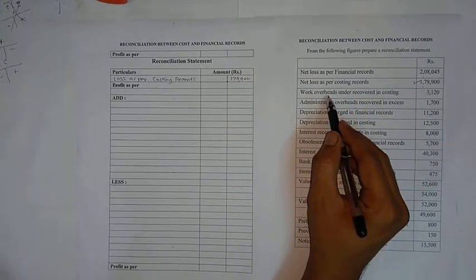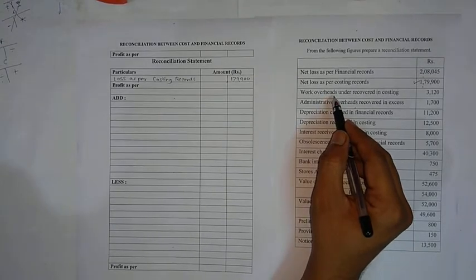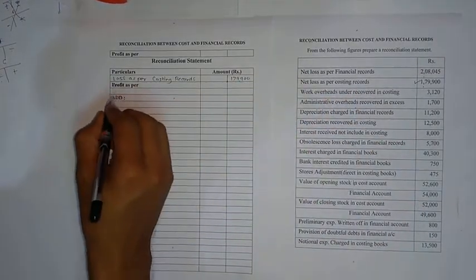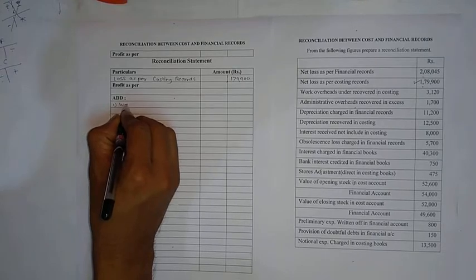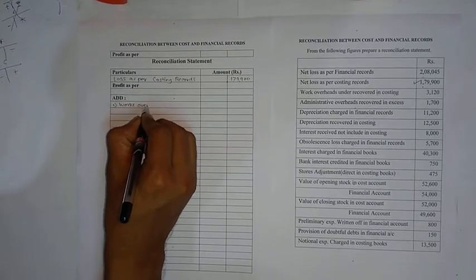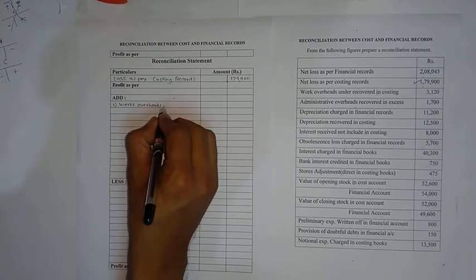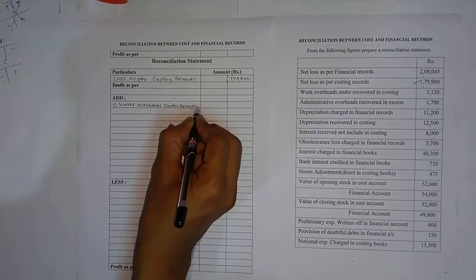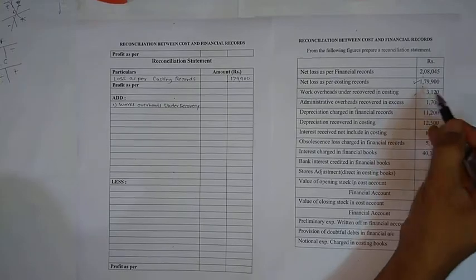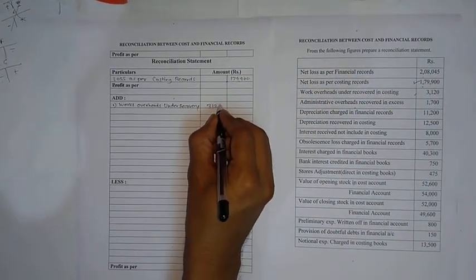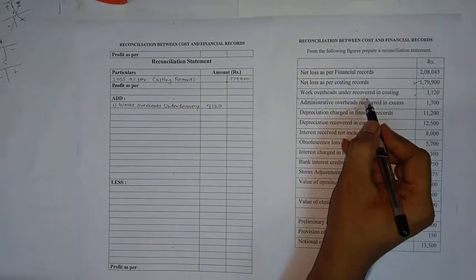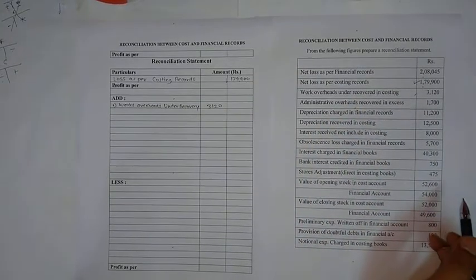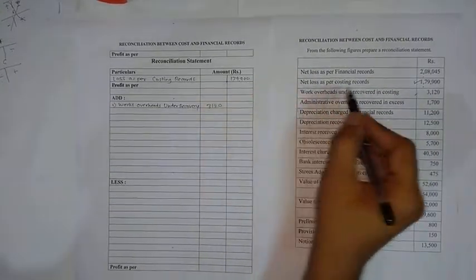So any expense, if it is overvalued in finance, it should be added. Works overheads under recovered, amount is 3,120. Recovered, this word is itself costing word. So this indicates that works overheads are overvalued in finance.